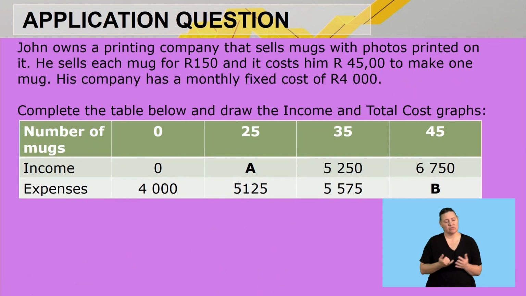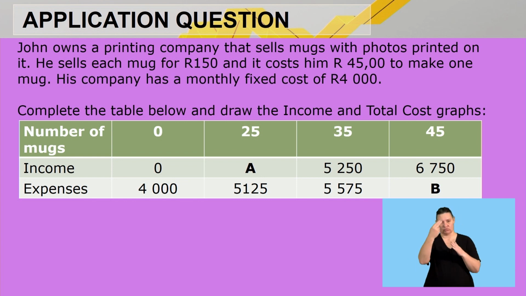So now what they're giving us here is a table. Let's read the question. John owns a printing company that sells mugs with photos printed on it. He sells each mug for 150 Rand and it costs him 45 Rand to make one mug. His company has a monthly fixed cost of 4,000 Rand. Complete the table below and draw the income and total cost graphs.